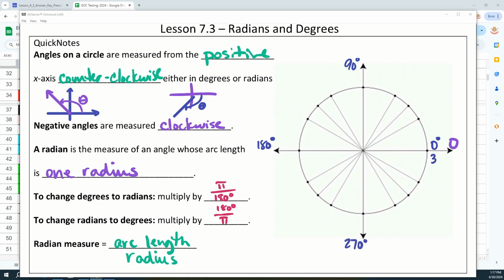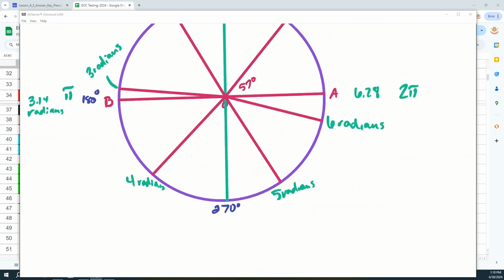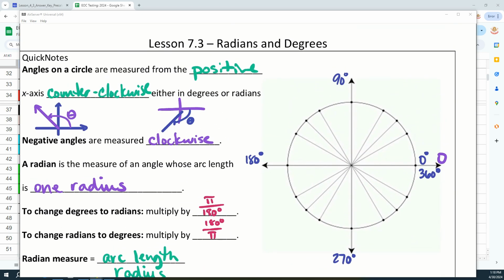Good job. All right, we're going to go back and also put what those angles are in radians. We already talked about half of a revolution being 3.14 radians, or pi radians. So 180 degrees and pi radians are the exact same angle, just a different form.